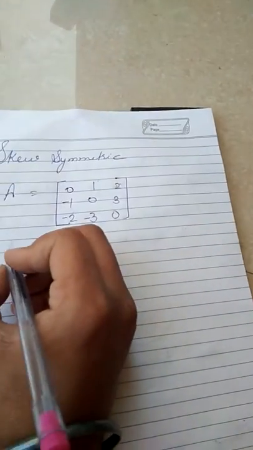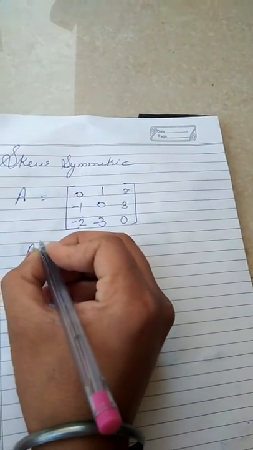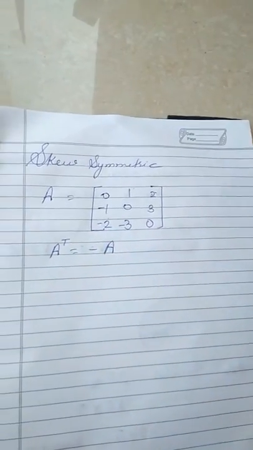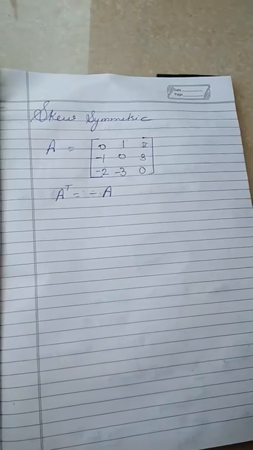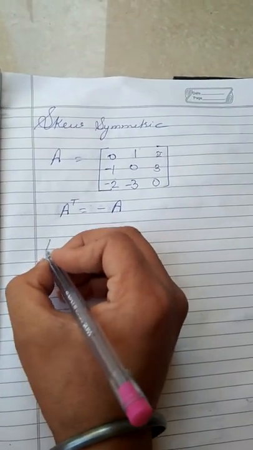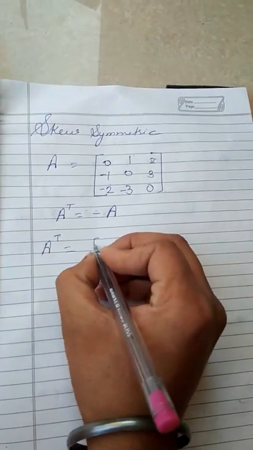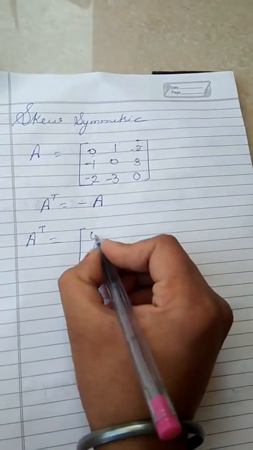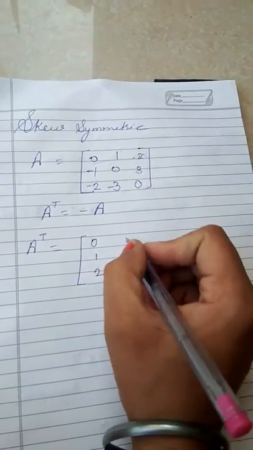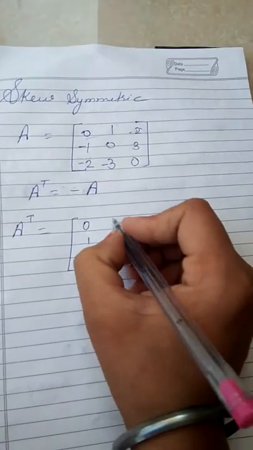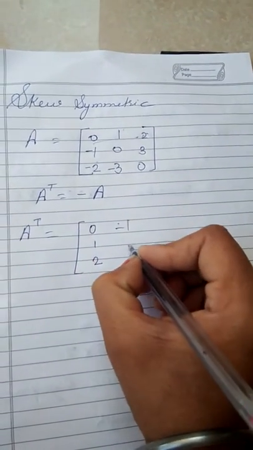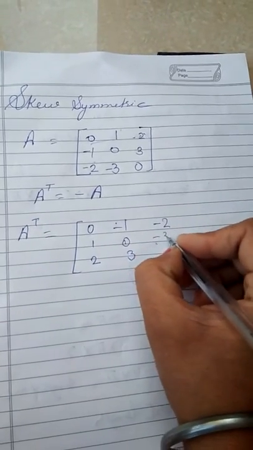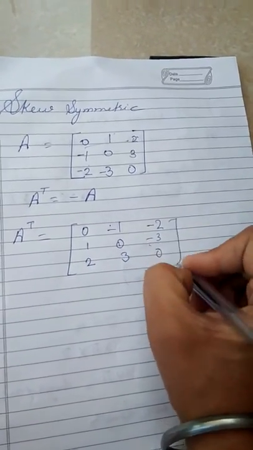Now we know the definition of a skew symmetric matrix is A transpose is equal to minus A. Now find A transpose. If you find it, the rows will change into columns. So the first row is 0 1 2. Now the second is minus 1 0 3, minus 2 minus 3 and 0.